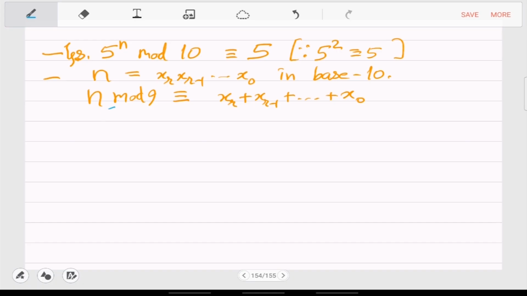So why is that? You use what was given, so you have n equals x_r 10 to the r plus x_{r-1} 10 to the r minus 1 plus ... plus x_0. Now, when you go mod 9, then all these powers of 10 become 1. So you get the sum of x_i.